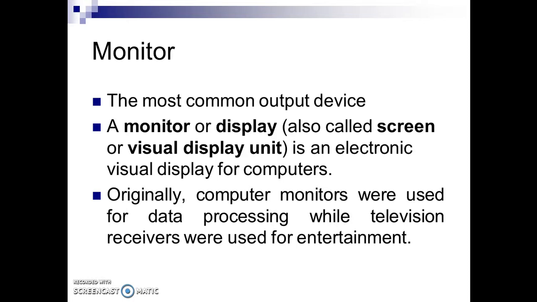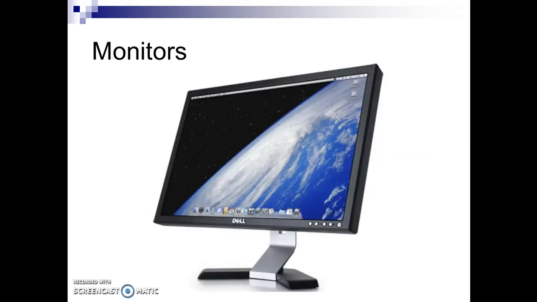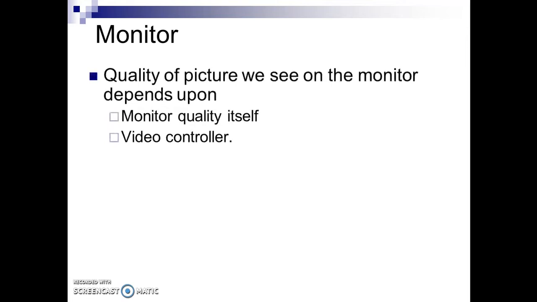Of course, these two concepts have merged largely with the advent of the 21st century. And so we can see this same kind of display doing work around both entertainment and real data processing.